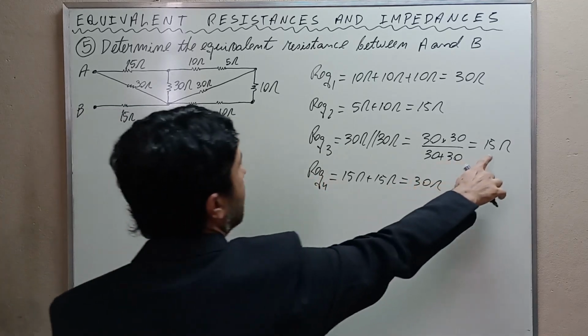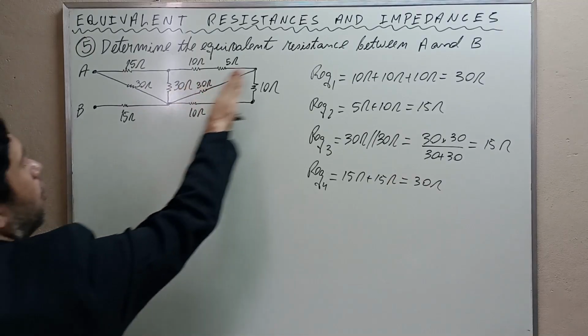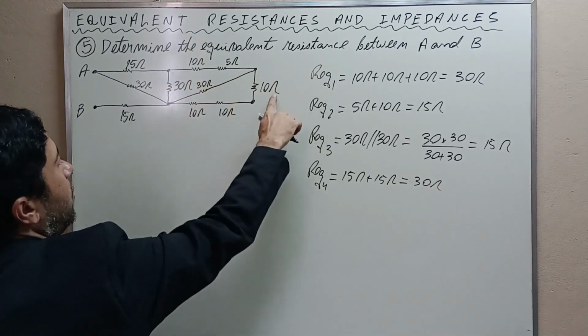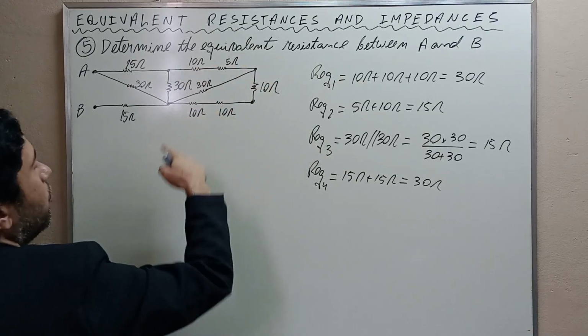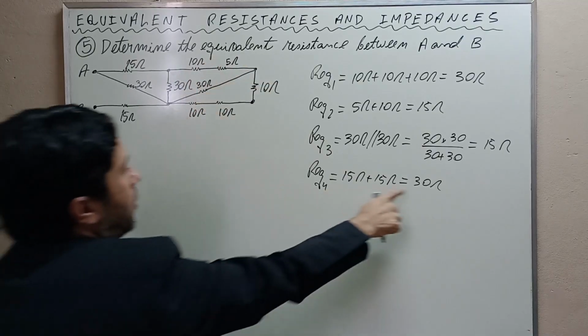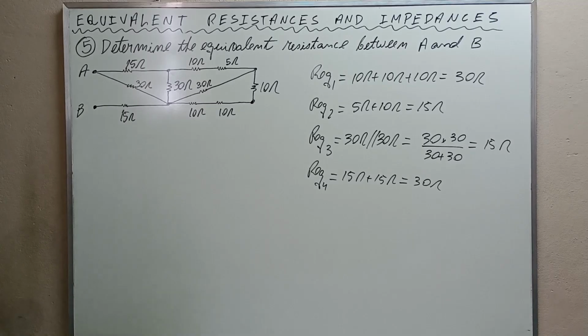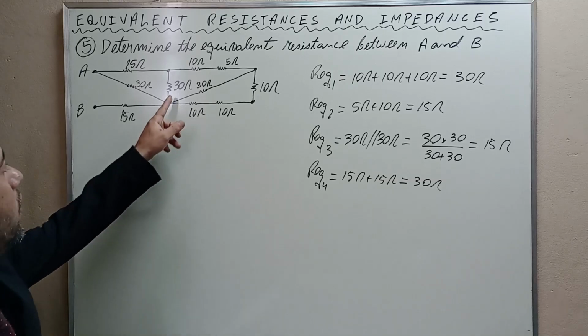This 15 here replaces all this with this, and in turn will be in series with this, okay? 15 plus 15 is 30. And this 30 will be in parallel with this.